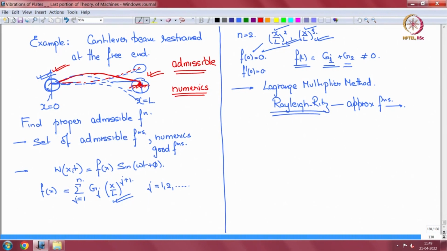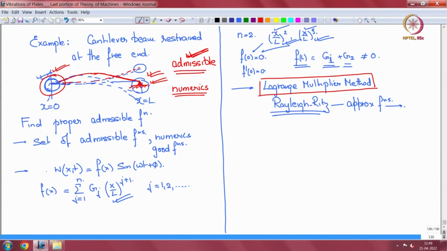And so the method we are looking at, which is the Lagrange multiplier method, is where you keep the original functions with you, use the same functions, but because they do not satisfy these constraint conditions, they are not admissible strictly, they satisfy only partially the side conditions. So we will stick with them.